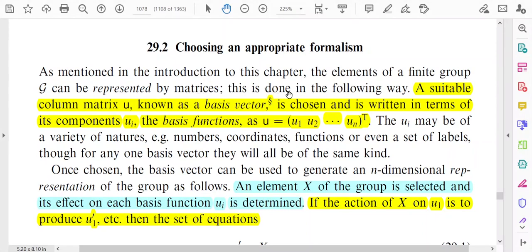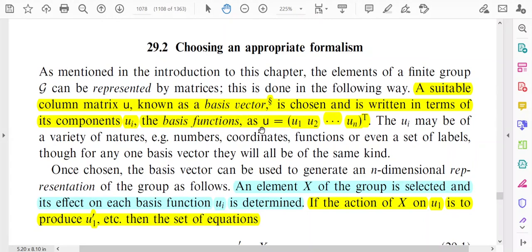This is done in one of the following ways. A suitable column matrix U, known as a basis vector, is chosen and is written in terms of its components ui, that is, the basis functions.